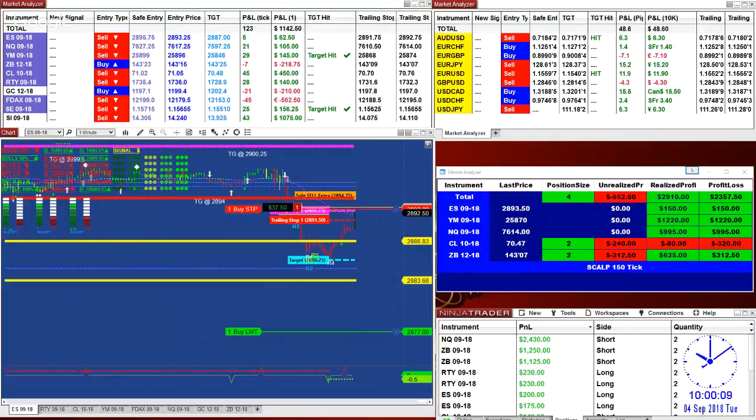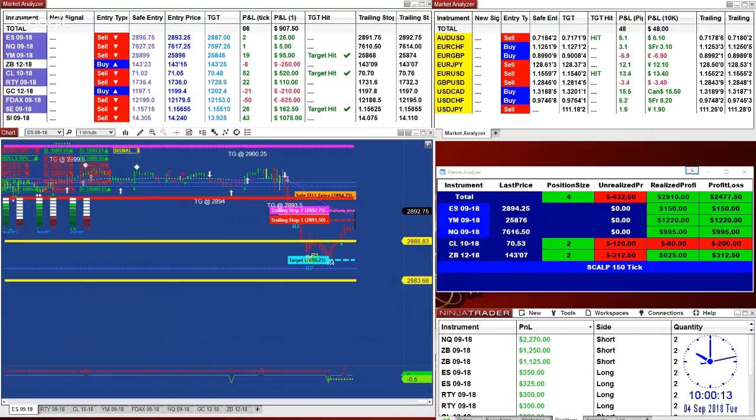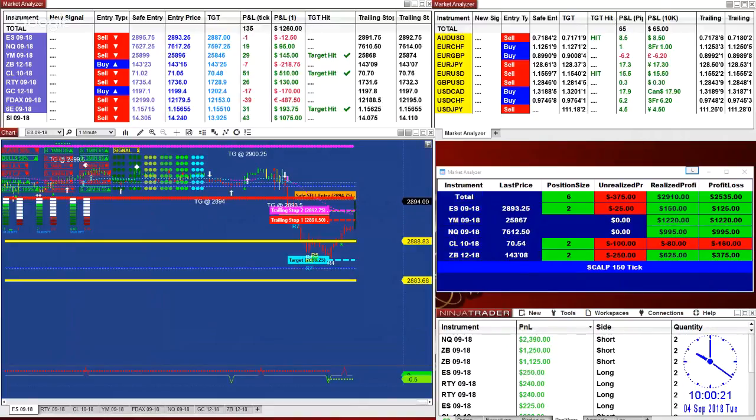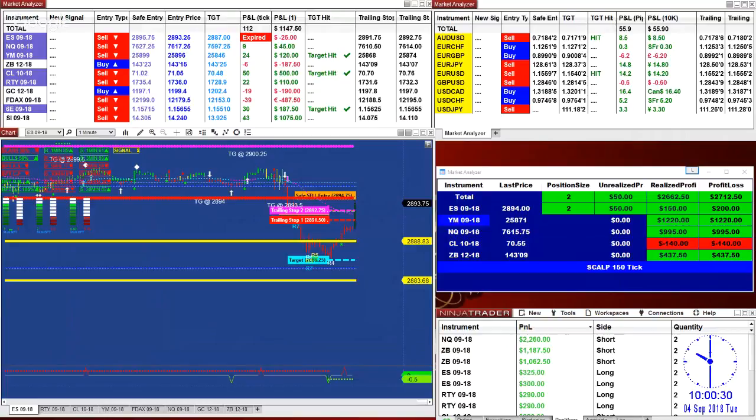If we would like to look at something other than the DAX, usually around the DAX trading, when Frankfurt, the Frankfurt Börse, is open, you can always find a good trade on the CL and the YM.